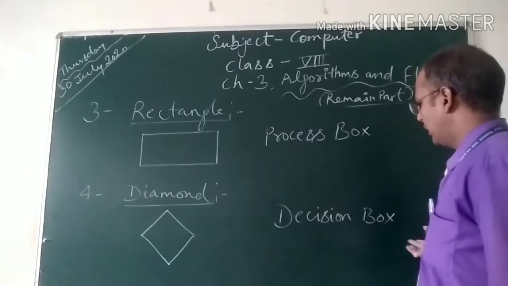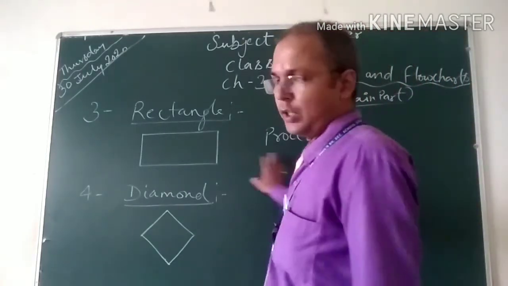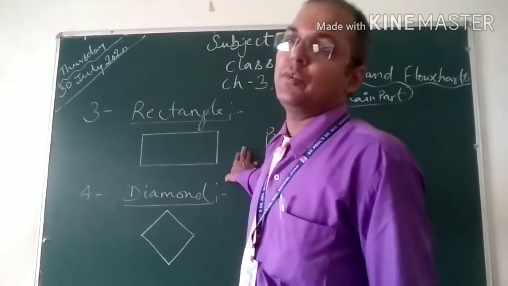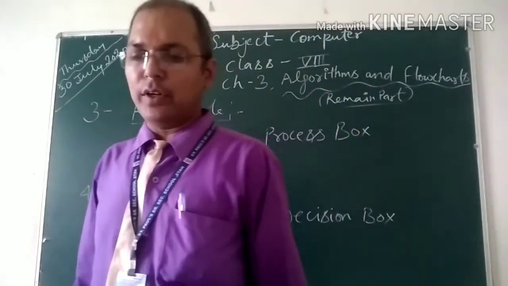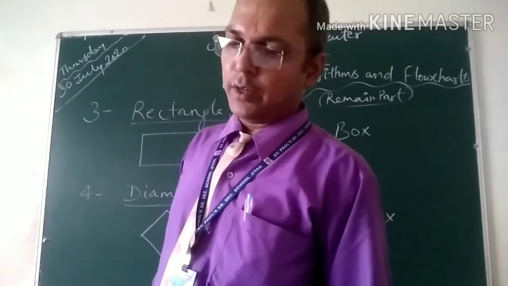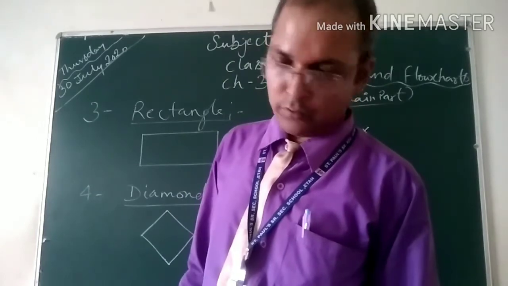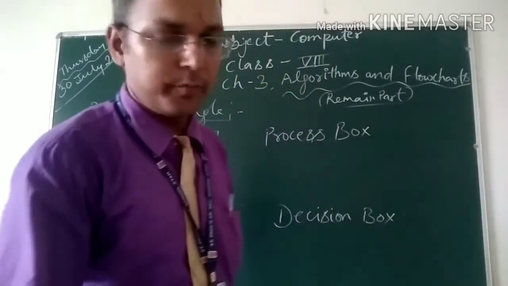As the name says, decision means take the decision, and this is the flow processing. Calculation means processing, and this is the decision, and the flow follows exactly one of the two flow lines.